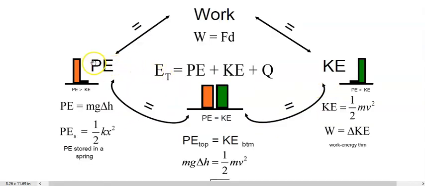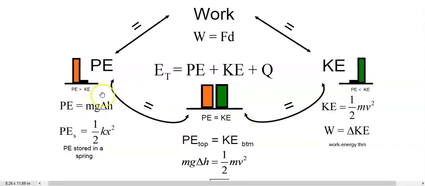As the potential converts to kinetic, you could see in these bar graphs, the orange bar, which had 490 joules, decreases to 245, then decreases to 0. And while it's decreasing, the kinetic energy bar, which is green, rises from 0 to 245 to 490. So at all times, the green bar plus the orange bar, K plus P, always equals the total energy, in this case 490 joules.